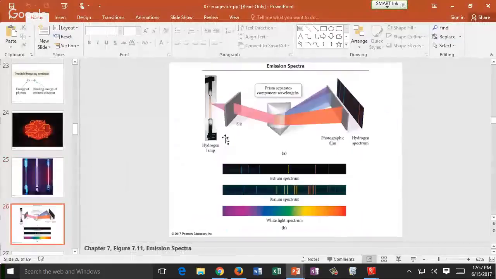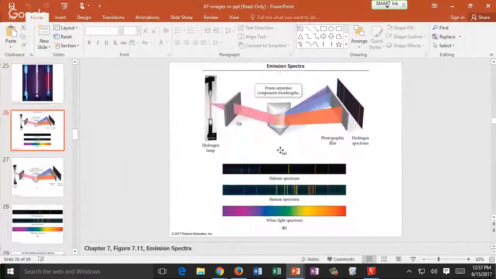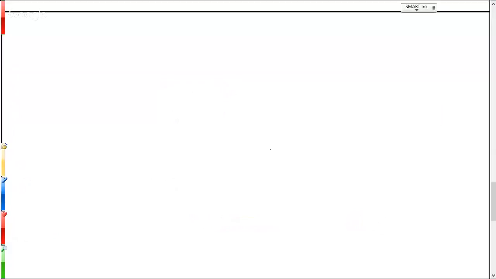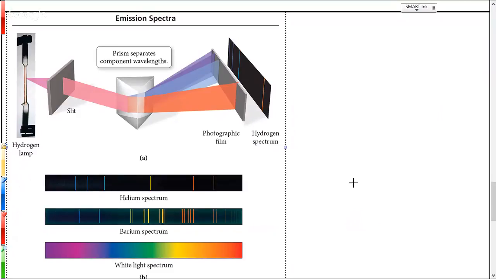So let's look at one of those, which we saw yesterday. This is what you did with the stuff in lab. So if you excite individual elements and allow them to release their energy through light, they don't just make a white light spectrum like you see below, which is what happens when you simply heat something up.